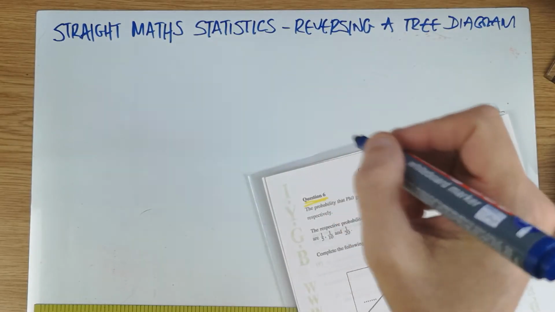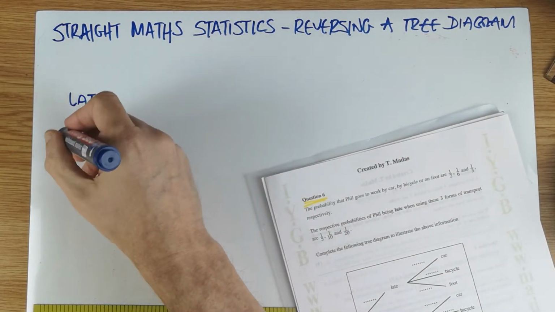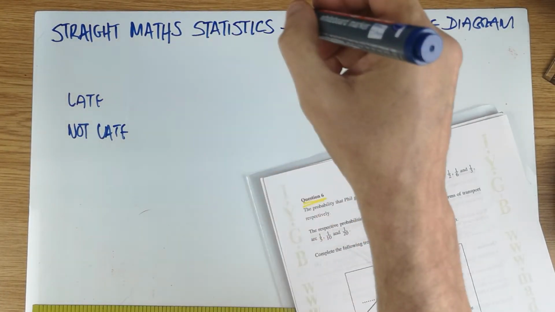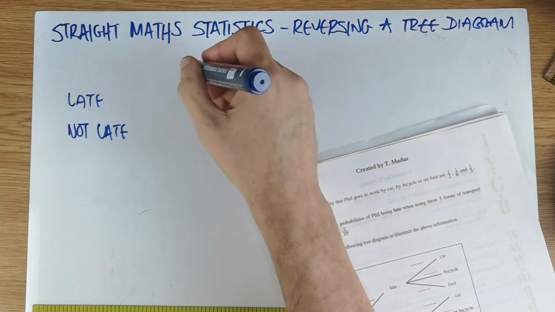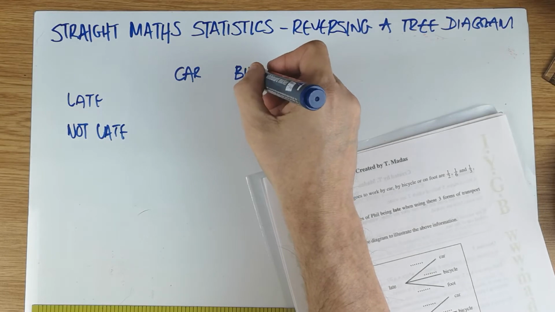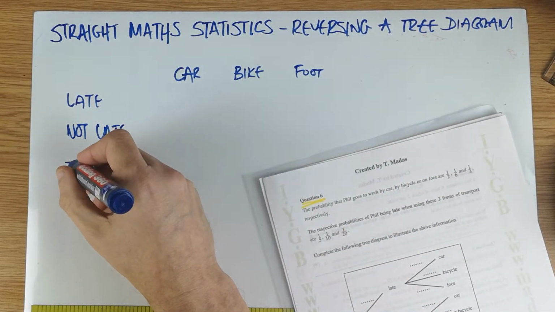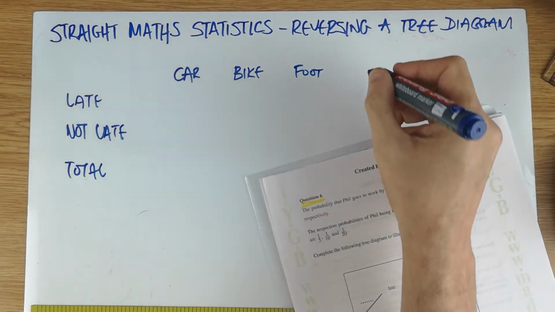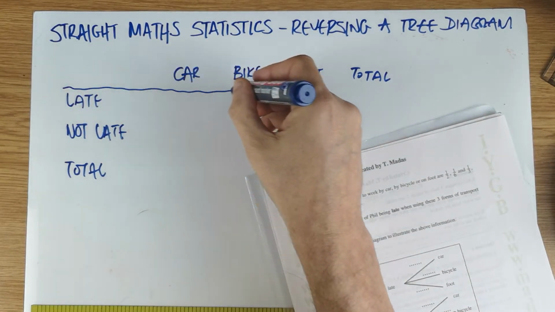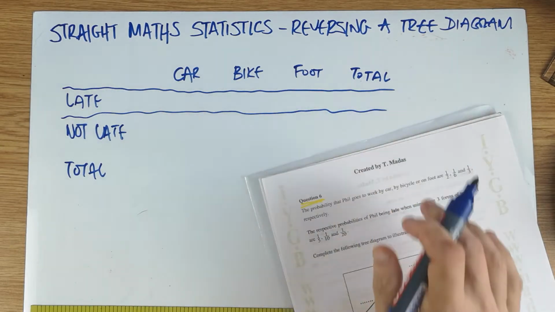So what I'm going to do here is put something like late, not late, and the things are car, bike, and foot. And I'm going to do a two-way table. Total, and you'll see very, very soon how simple this is.